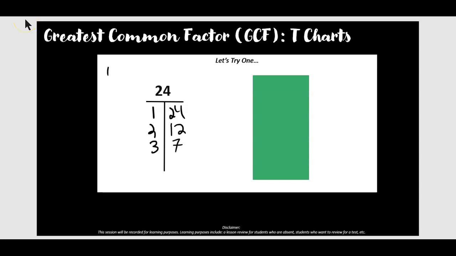Let's see, 3, 6, 9, 12, 15, 18, 21, 24. There's the 24 right here. How many is that? 1, 2, 3, 4, 5, 6, 7, 8. Oh, it's a good thing I did that. I made a mistake.